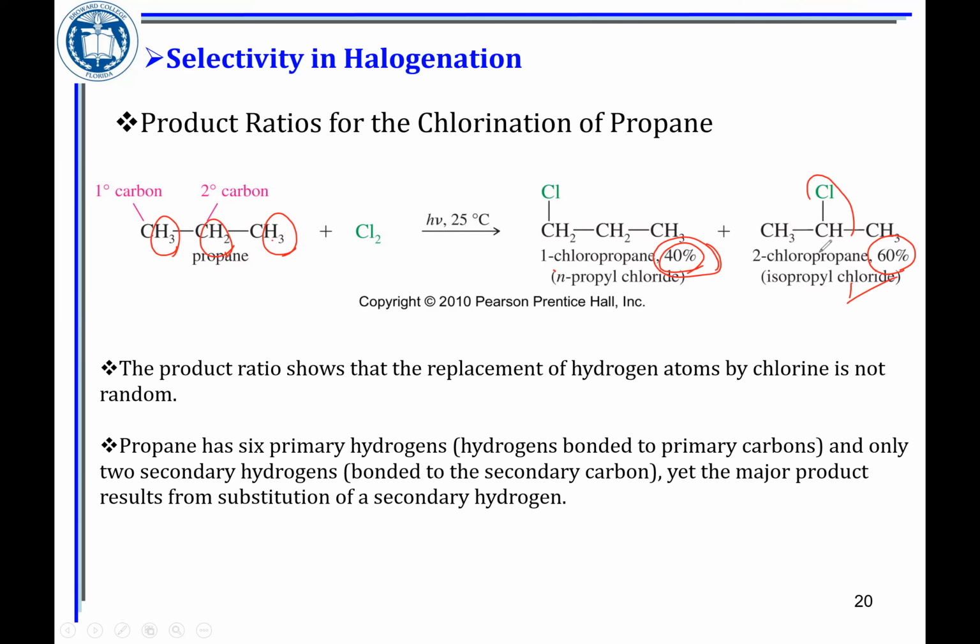Professor, how come we always include the other hydrogen on the other side? You label the first carbon CH3, second carbon CH2, and then CH3. Why do we always add those CH3s together?